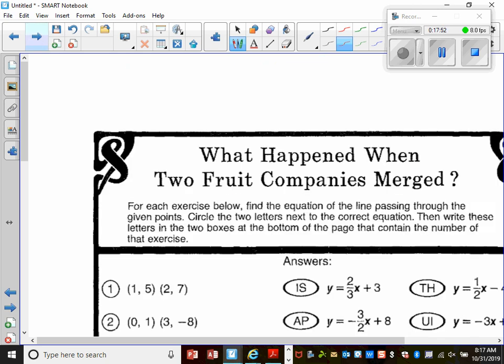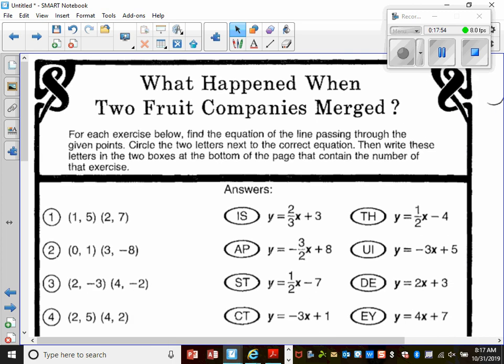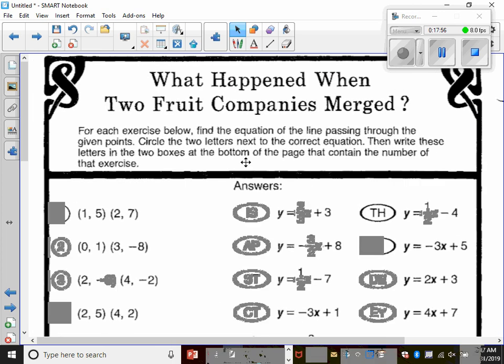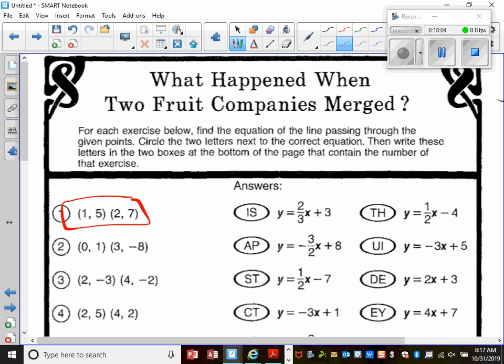Okay, let's move on to this page because I always like to let you know what you're doing. This is where you have 2 points. So what you're going to do with those 2 points, again, you're going to first find your slope. That was the last example we did in your foldable. And then put them into point slope form. Once you do that, this time you only have to choose 1 point to put into point slope form. You don't need to give me an equation for both points.